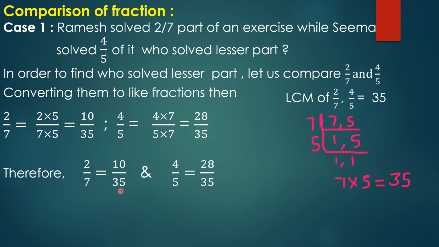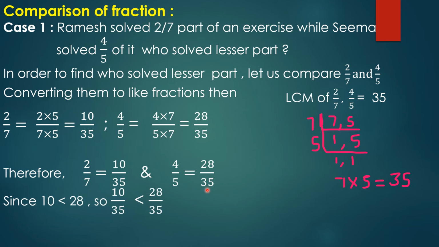Also we can say that it is an equivalent fraction. 10 by 35 is equivalent to 2 by 7. Similarly 28 by 35 is equivalent to 4 by 5. Now we have 2 by 7 equal to 10 by 35 and 4 by 5 equal to 28 by 35.